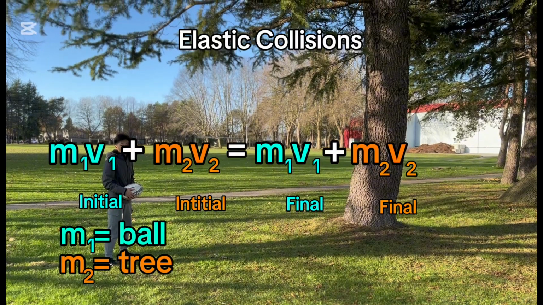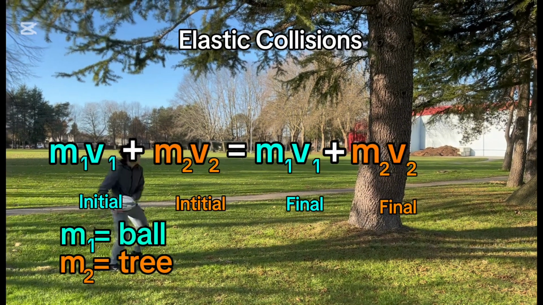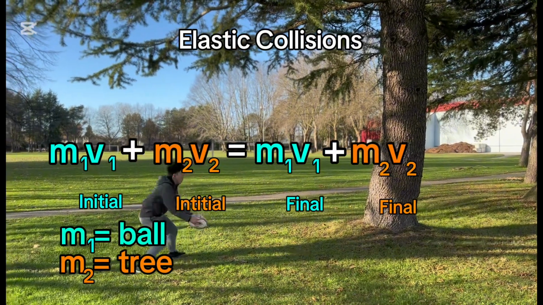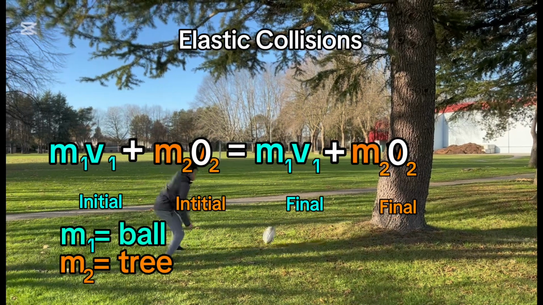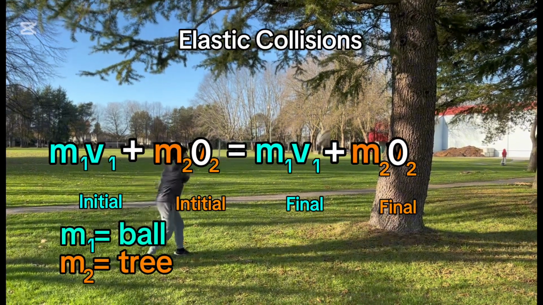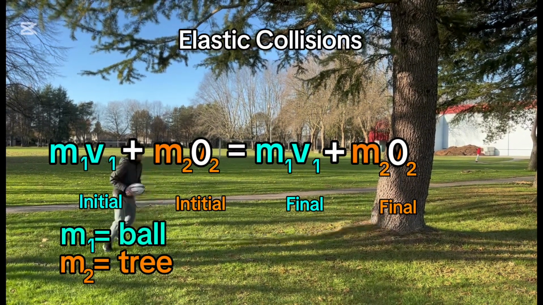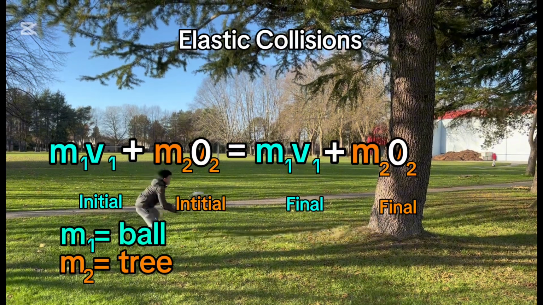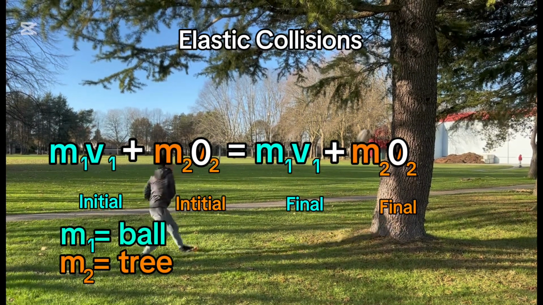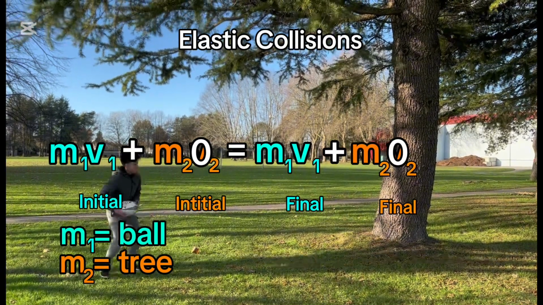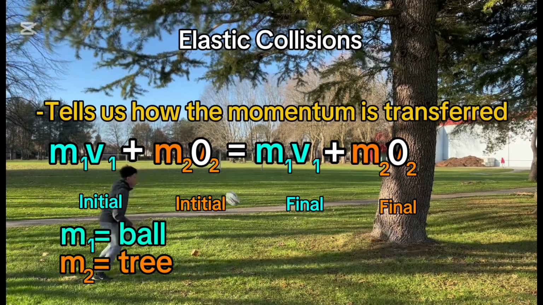Since the tree doesn't move, v2 initial and v2 final are 0. This simplifies the equation to m1 v1 initial plus m2 times 0. Right. So the ball's velocity before and after the collision tells us how the momentum is transferred.